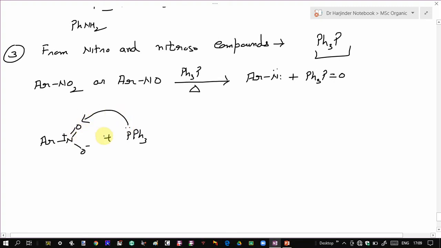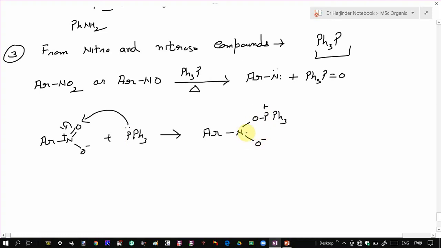So the phosphorus attacks on oxygen and these pi electrons shift to nitrogen. This results in the formation of this one, and since phosphorus has lost its pair of electrons, it becomes positively charged.